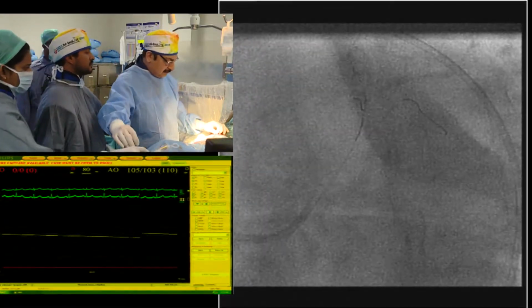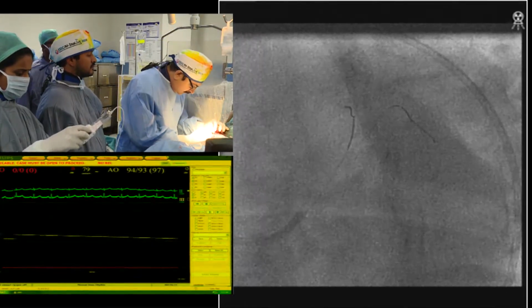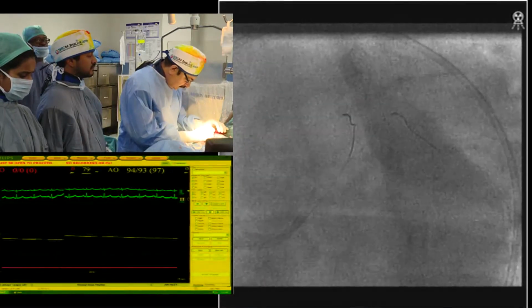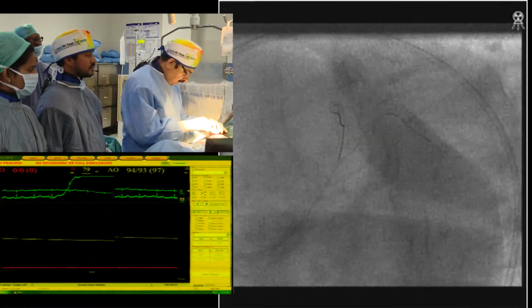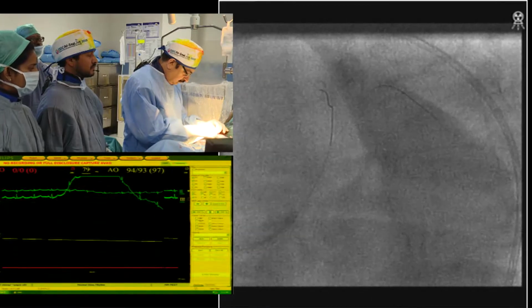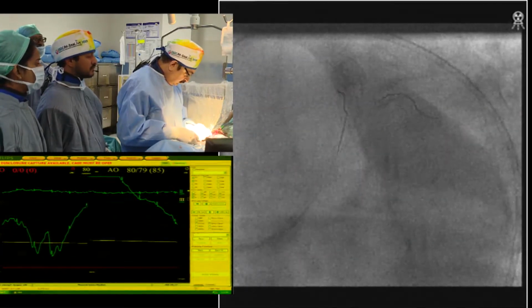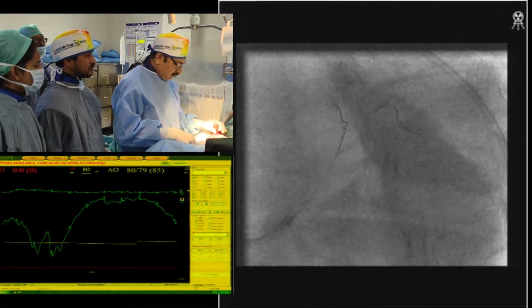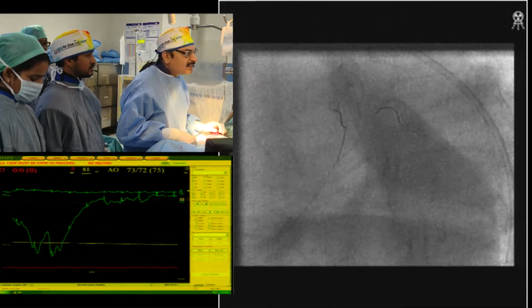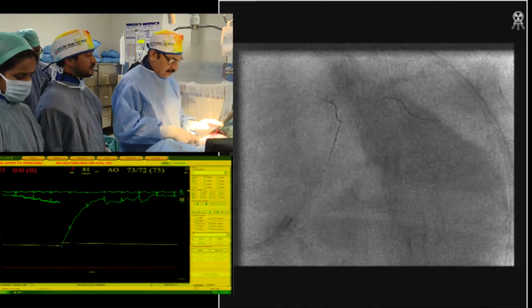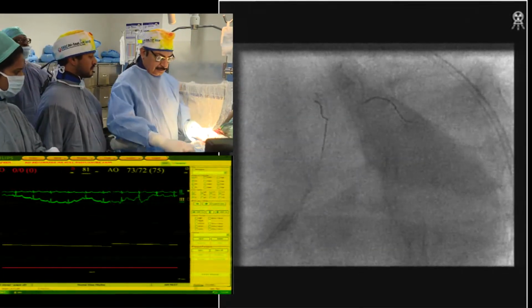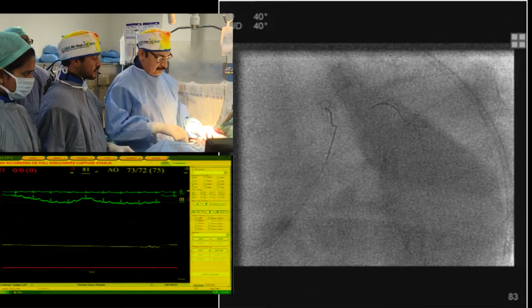So you can use Dextran or dilute your contrast and use it with OCT. And the next issue is the technical issue of the acute diagonal, which rises up from the LAD, and how you wire it, and what the strategy is, which includes a cutting balloon and a provisional stenting if required with a very trackable stent like the Superflex.